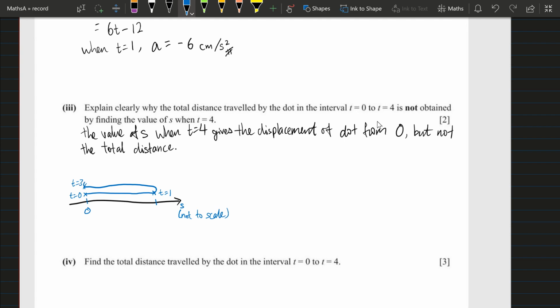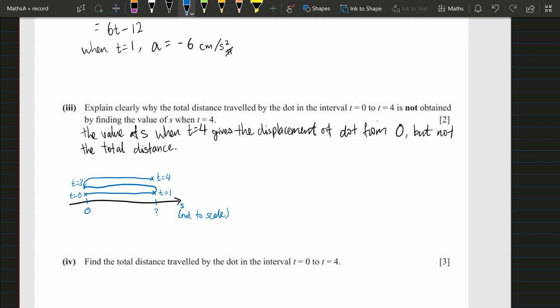So finally, t equals to 4 would be over here. I don't really know what this value is because we didn't really find out. So that's why I said this is not to scale, and I just made a guess that those distances are equal, but it doesn't really matter where you end your lines.